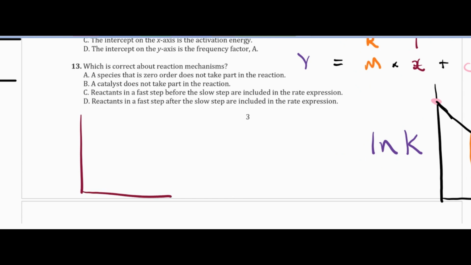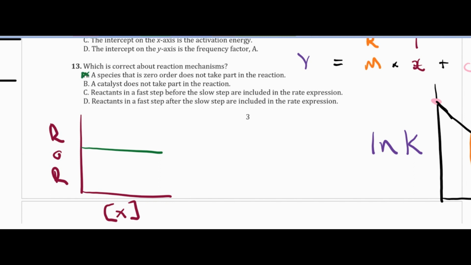Again, make sure that you know these graphs. So this is rate of reaction. If this is the concentration, what we'd get on the graph for a zero order reaction is a straight line. So it won't be A.